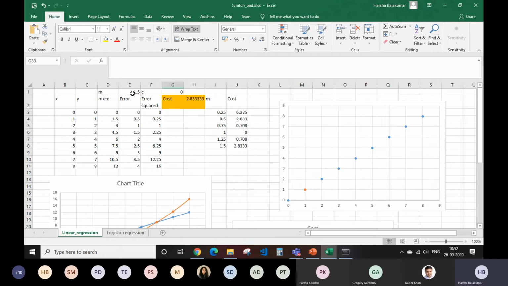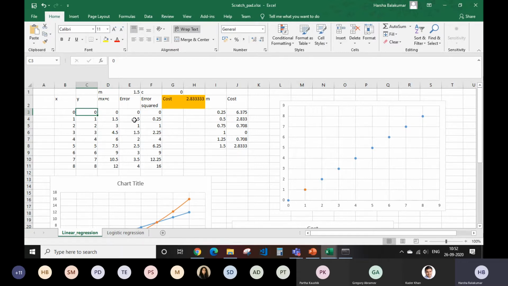What the model does is it starts with some arbitrary m value and computes the cost function. Cost function is the mean of the squared error values. If you apply y is equal to mx plus c with m as 1.5, this is the value you get, but actually y is equal to 0.